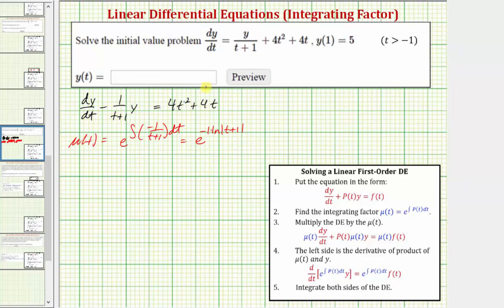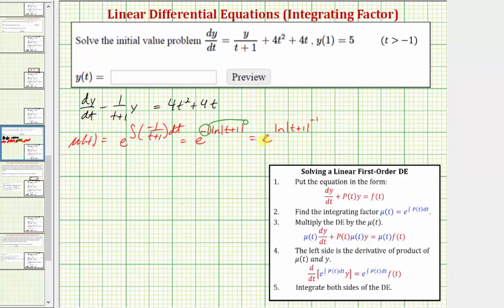So for the next step, we'll apply the power property of logarithms and move this negative 1 to the exponent position of the quantity t plus 1. So here we'd have e raised to the power of natural log absolute value of the quantity t plus 1 raised to the power of negative 1.